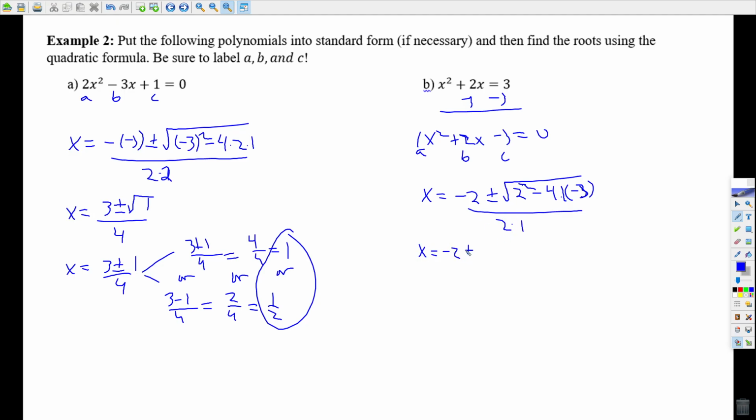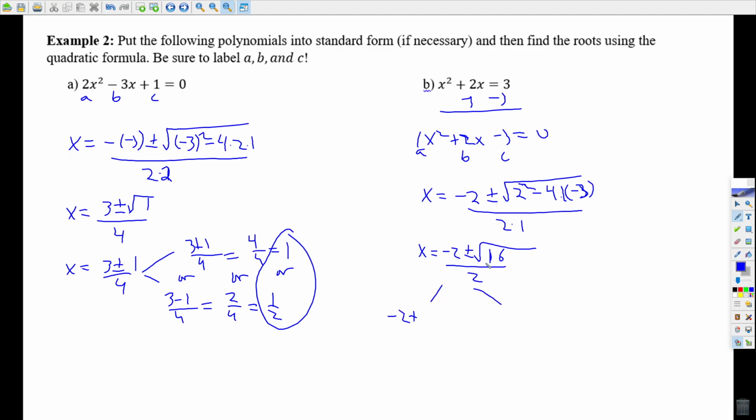All right, -2 plus or minus the square root. That would be 4 inside there, minus -4 times -3, which is positive 12. So 4 plus 12 is 16. All over 2. I'll go ahead and split this one now.